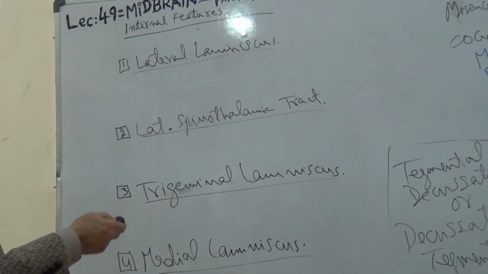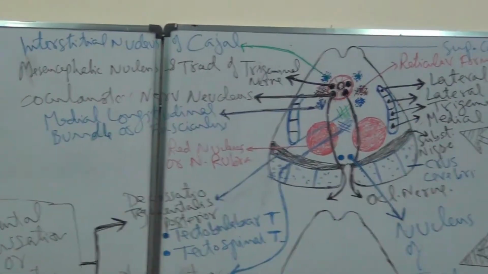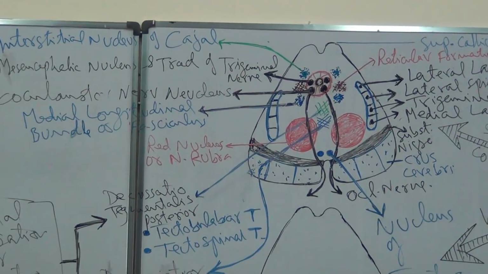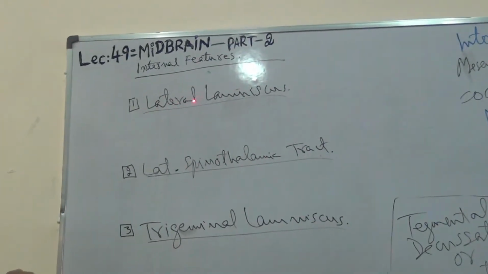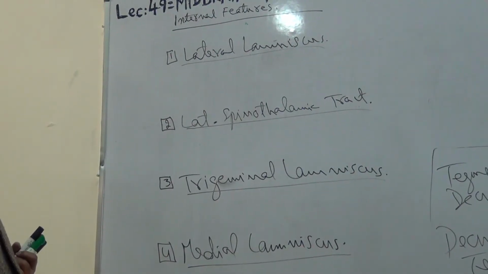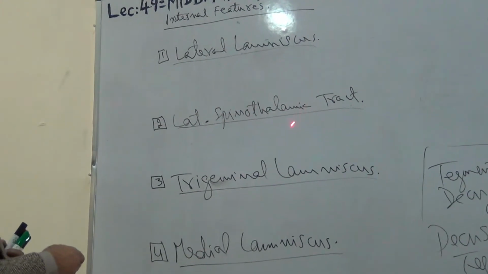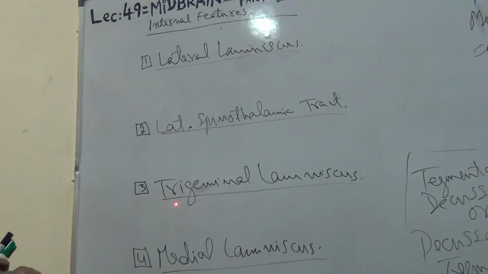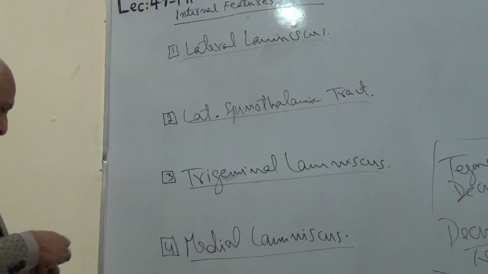These are present both at the level of superior colliculi and inferior colliculi. Most laterally is the lateral lemniscus and most medial is the medial lemniscus, with the lateral spinothalamic tract close to the lateral lemniscus, and then the trigeminal and medial lemniscus.